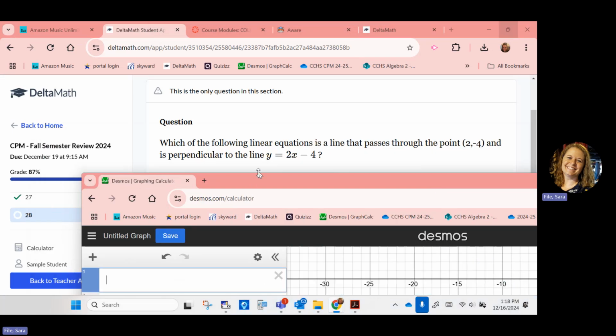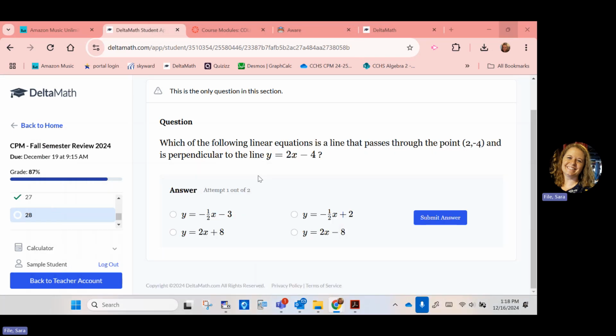Perpendicular means it makes a 90-degree angle. It's like the intersection of two streets, okay? Most intersections, not all intersections are a 90-degree angle, but the majority are. It makes like a T or a cross, okay? It's a 90-degree angle where these lines intersect.